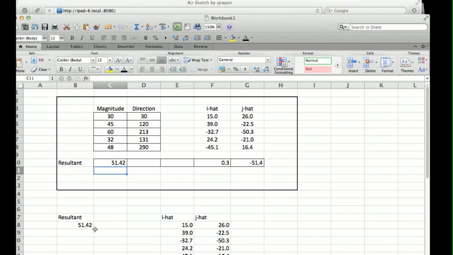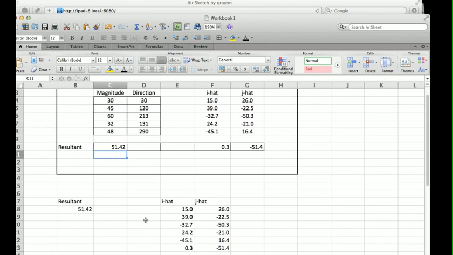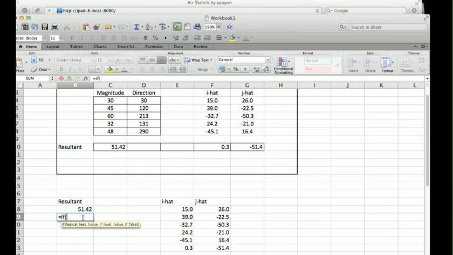Sometimes the resultant can be 0, and you're supposed to print none in there if it is 0. So I might want to say if. So you don't want to really do equals 0, because sometimes it can be really, really close but not quite, and it'll look like it's 0 but it's not printing none.